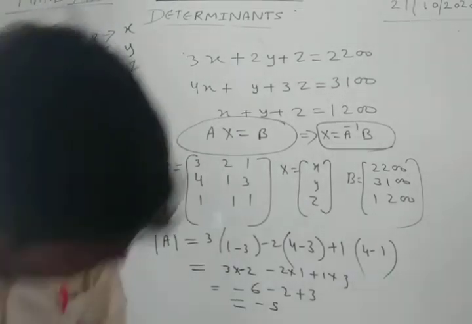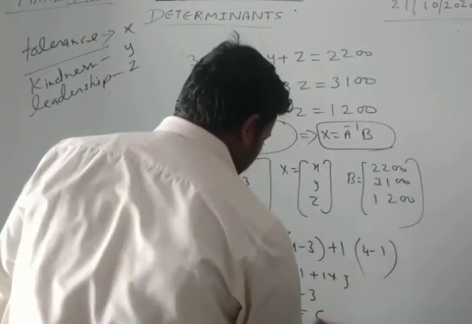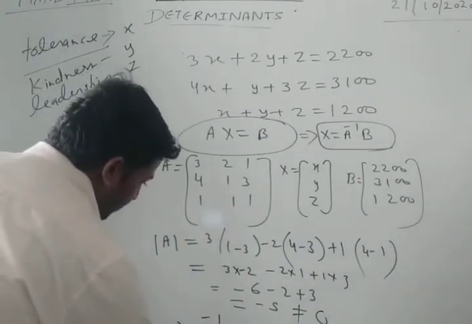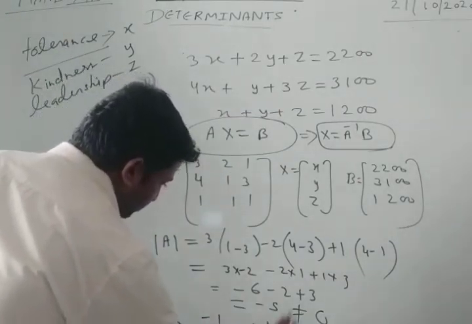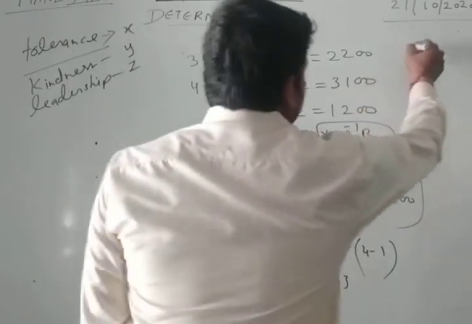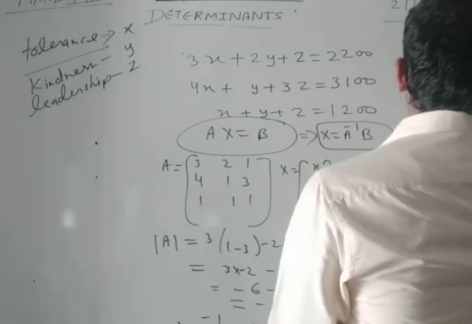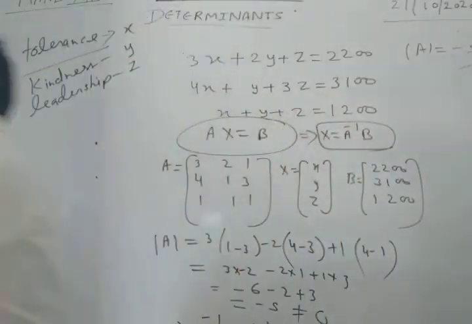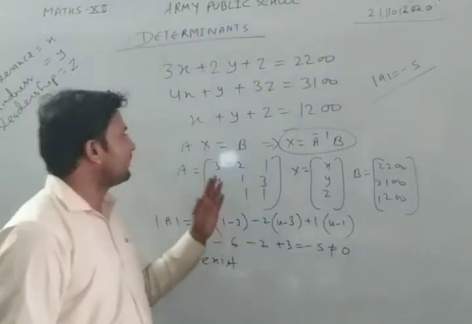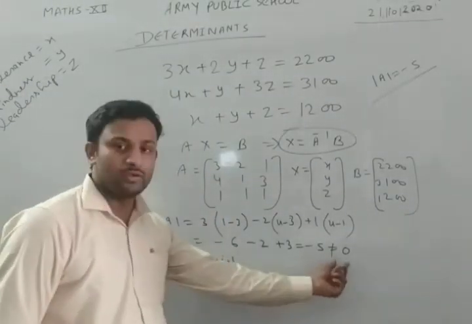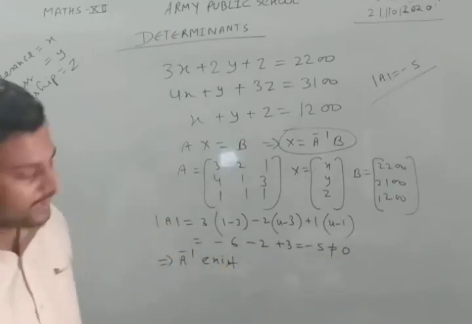So we see that our determinant is not equal to 0, so we can write that A inverse exists. Our determinant of A is minus 5.